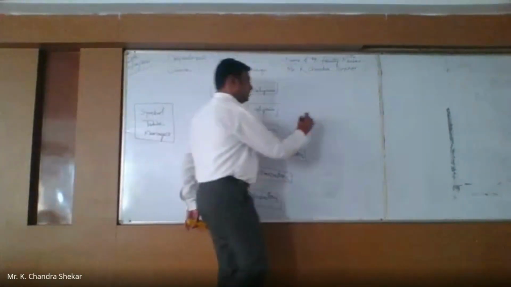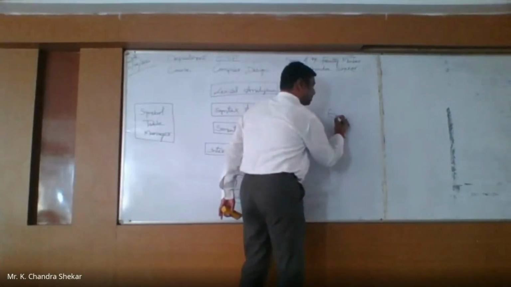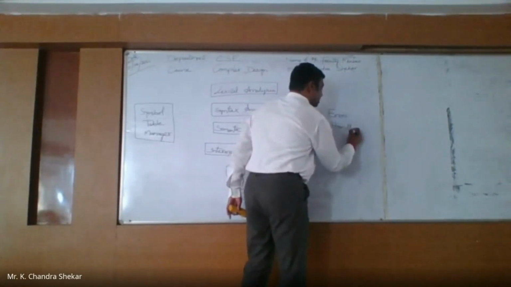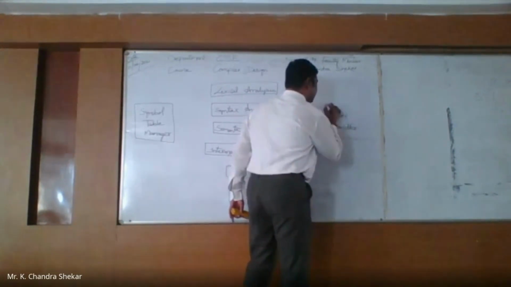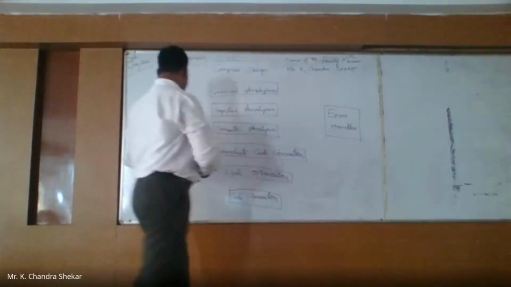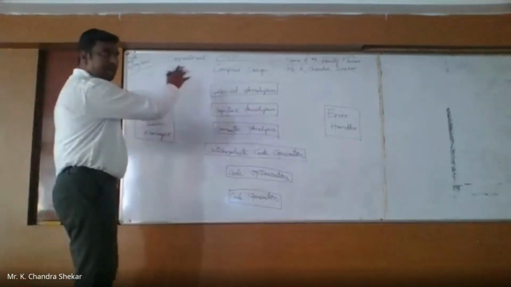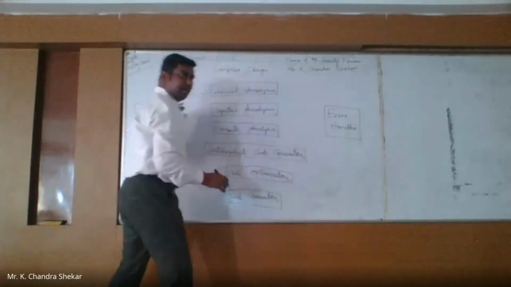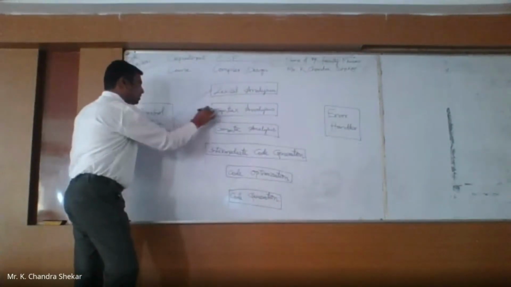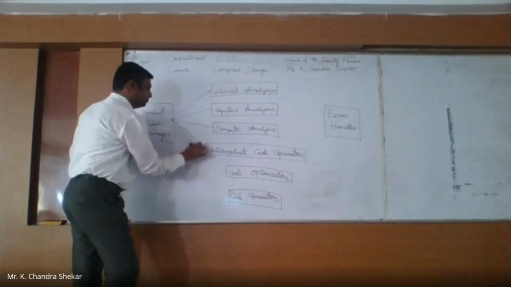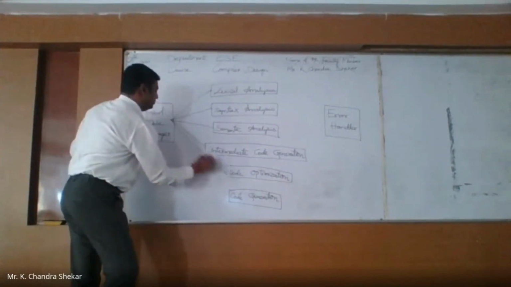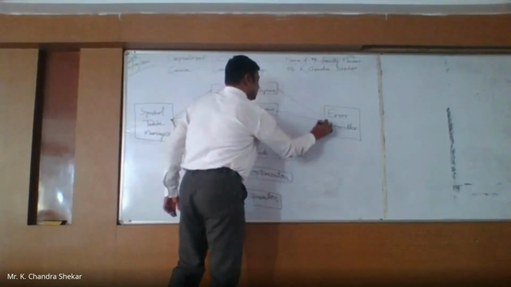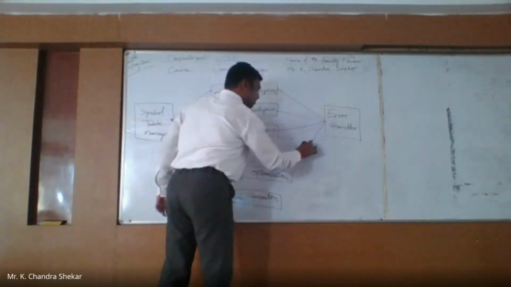And the other component is the error handler, or error handling. These two components, the symbol table manager and error handler, will be in communication with all the phases of compiler.